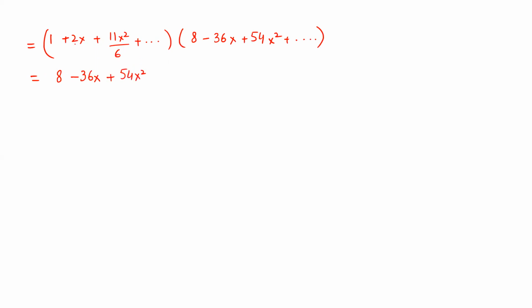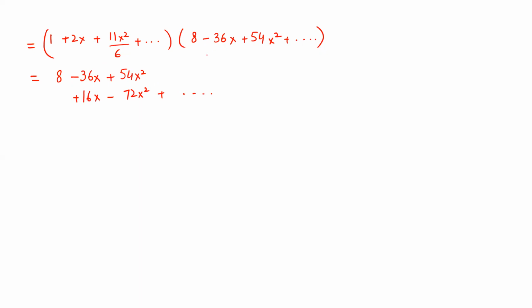Okay, then 2 into 8, 16x. So it's better to write plus 16x here. Then 2x into minus 36x is minus 72x square, plus this will be x cube terms. So higher order terms, ignore them.